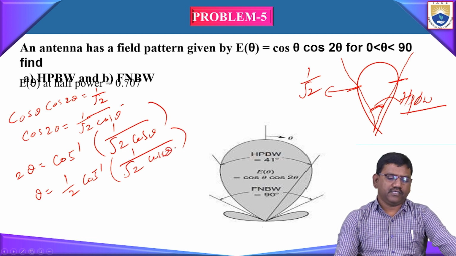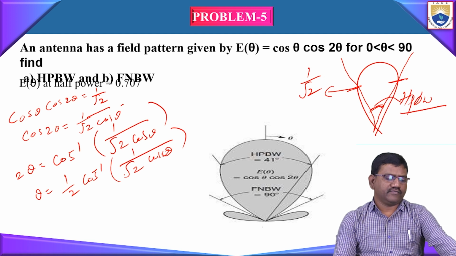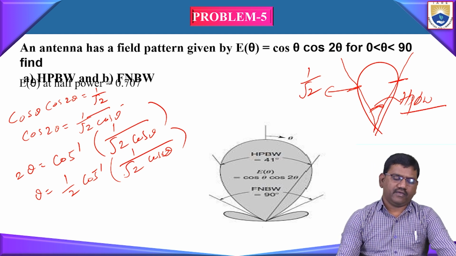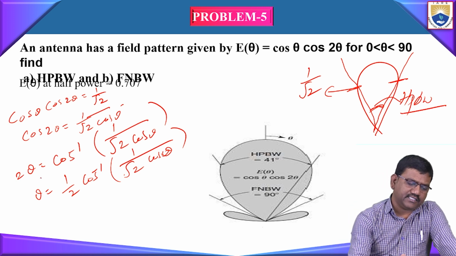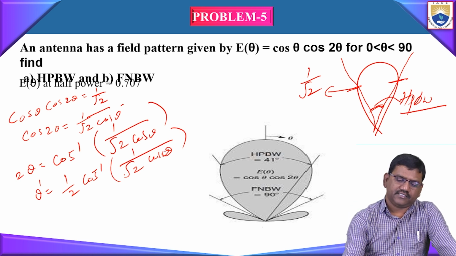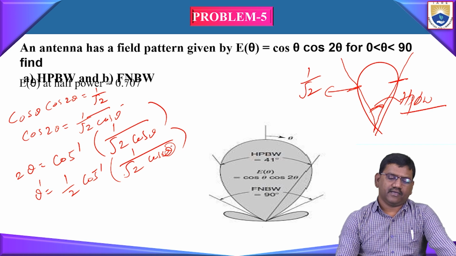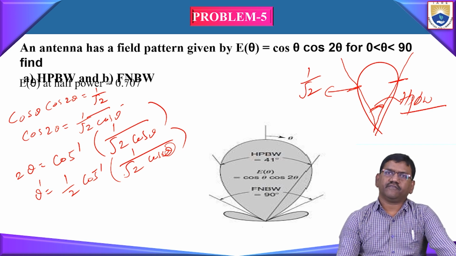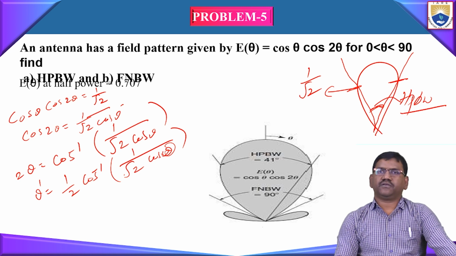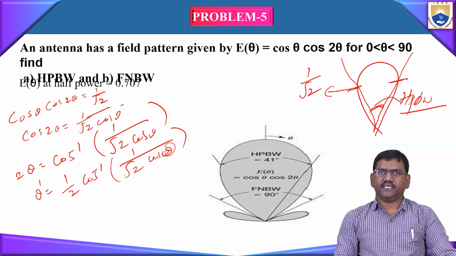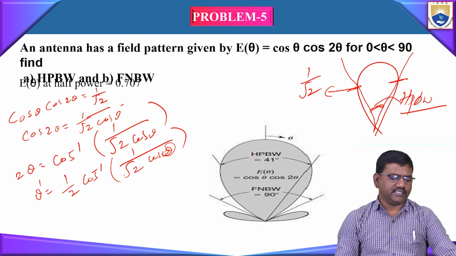Here we need to find out the value of theta. Let us assume this as theta dash here, and this is theta. By substituting different values of theta, you will get a theta dash value. So there are two values of theta, and let us assume one of them as theta dash.